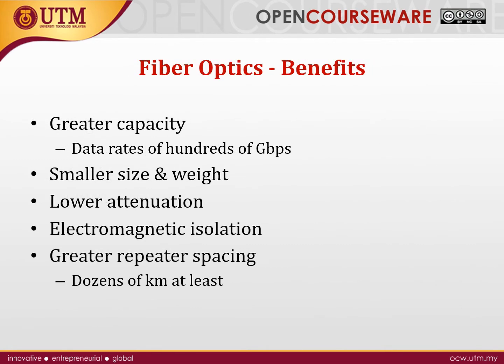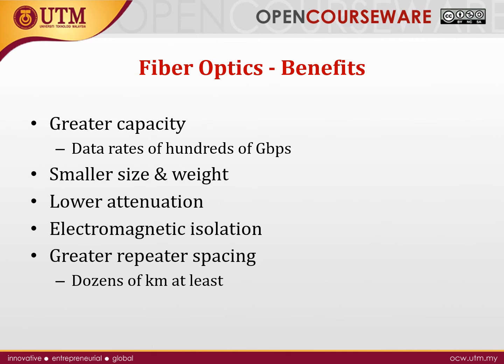And fiber optics actually has very good benefits compared to other types. It has greater capacity, data rates of hundreds of gigabits, smaller size and weight, lower attenuation, and electromagnetic isolation, so there's no electromagnetic noise.